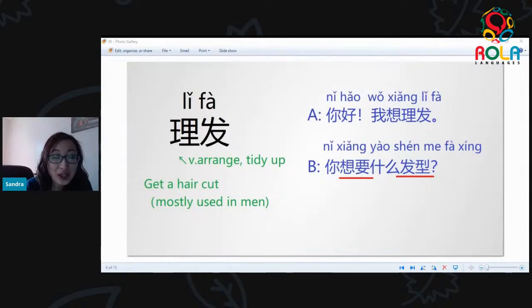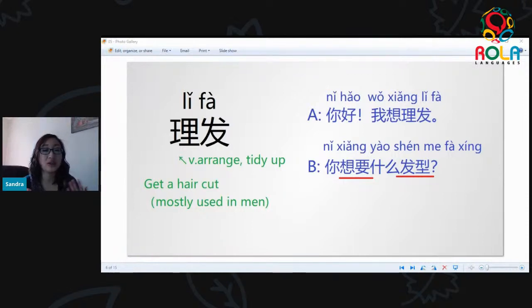Okay, we've already learned how to say cut hair. 剪头发 is cut hair. But here's the thing. If you're a guy going to a barber shop, 剪头发 is more used for ladies.